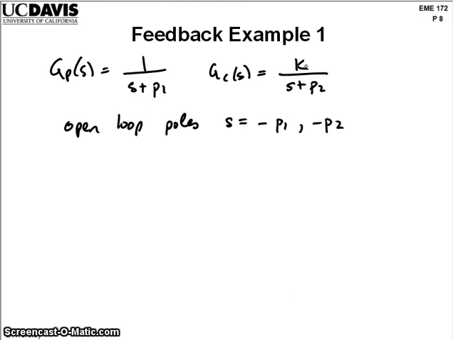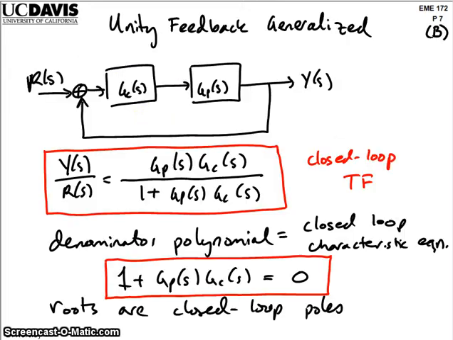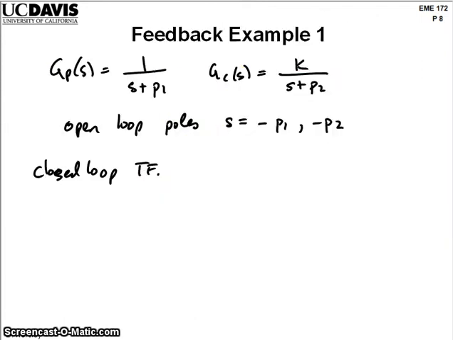Let's write down the closed loop transfer function. I'm not going to draw the block diagram, but visualize GC followed by GP, with these specific transfer functions.